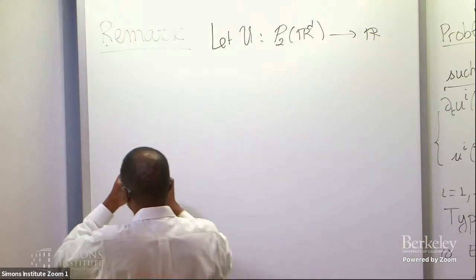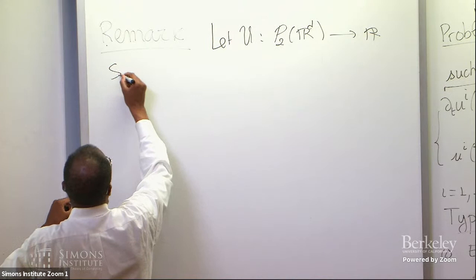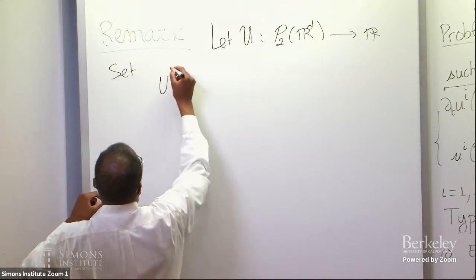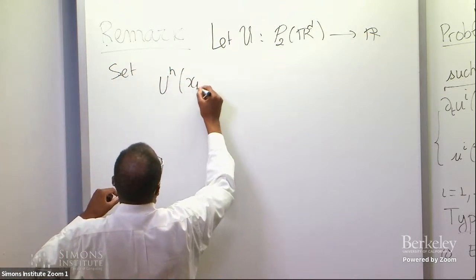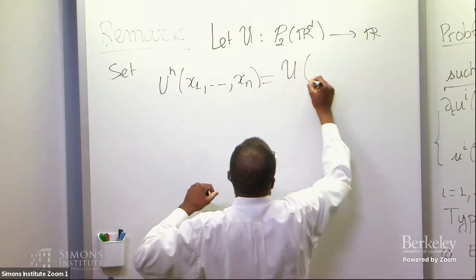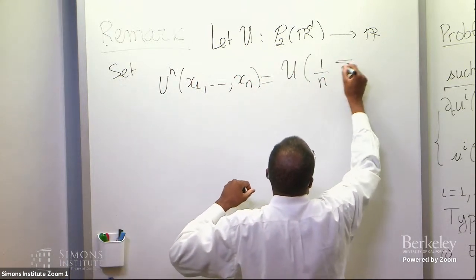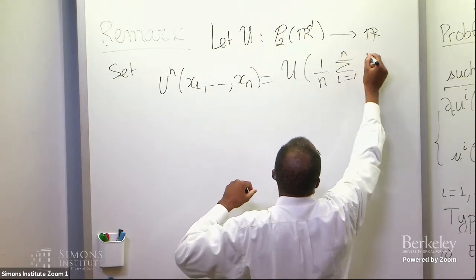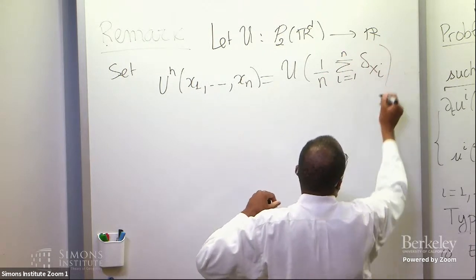And set U_n of x_1, ..., x_n to be U of 1 over n sum over i from 1 to n of delta_{x_i}.